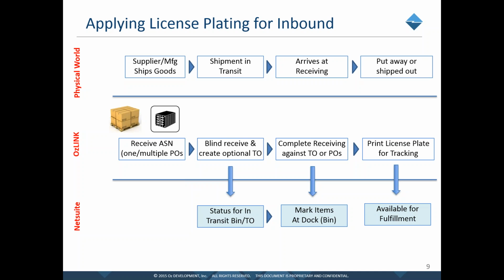So when you're applying license plating for inbound receipts of any kind, essentially at some point you get notification that your supplier or your manufacturer has shipped goods on your behalf. And so at that time, you may have an advanced ship notice that you're going to receive, deal with, notify, track in NetSuite, etc. against one or multiple POs.